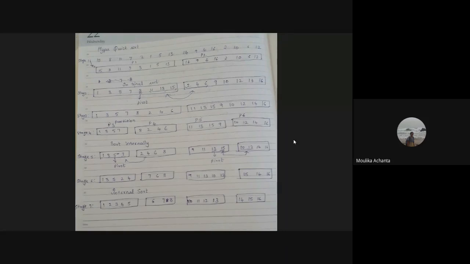We'll do this first in hyper quick sort. The given list is first divided into two sublists, and we'll perform internal sort. That is the second step.